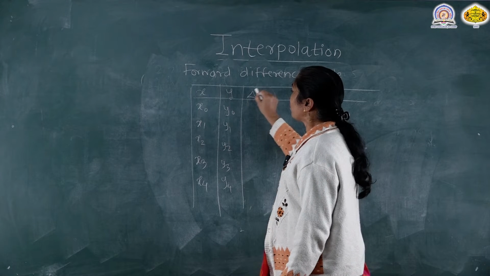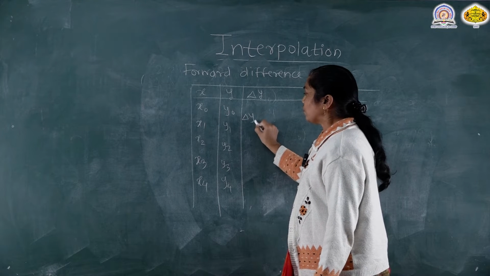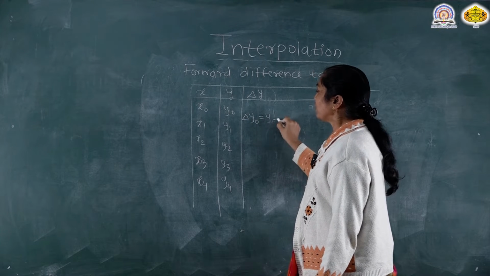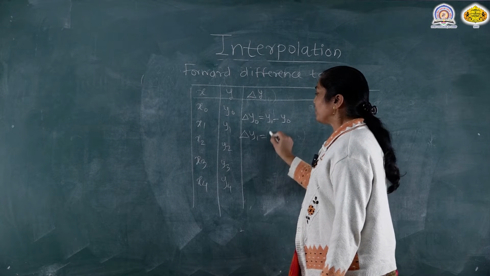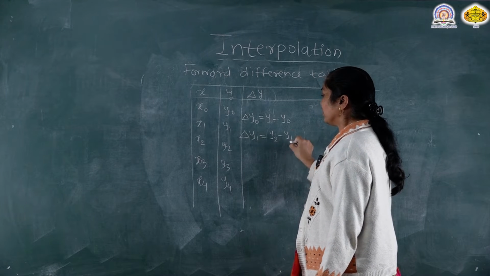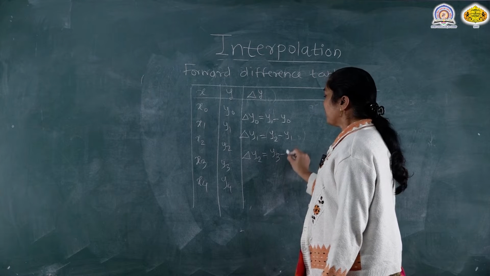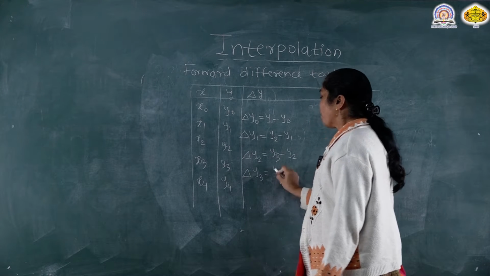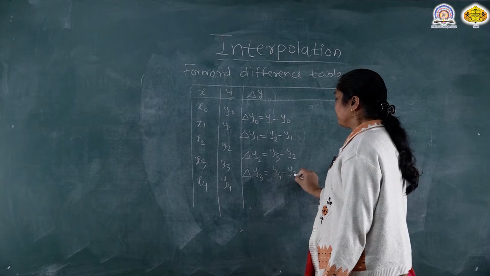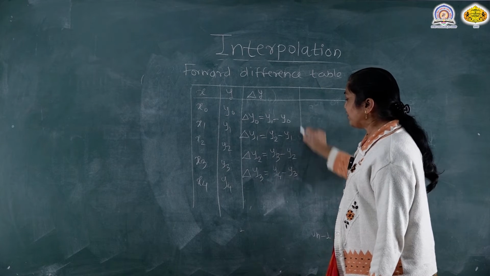Then the first forward difference, that is delta y, we get delta y0, and delta y0 is nothing but y1 minus y0. Delta y1 comes to be y2 minus y1. Delta y2 comes to be y3 minus y2, and delta y3 comes to be y4 minus y3. Observe that we get up to delta y3 only.